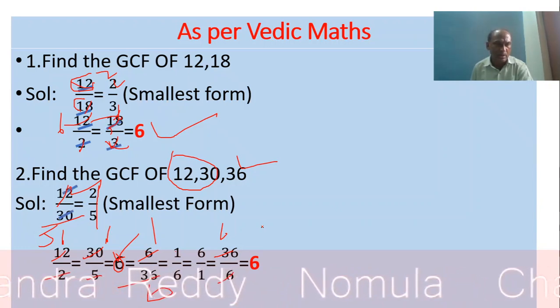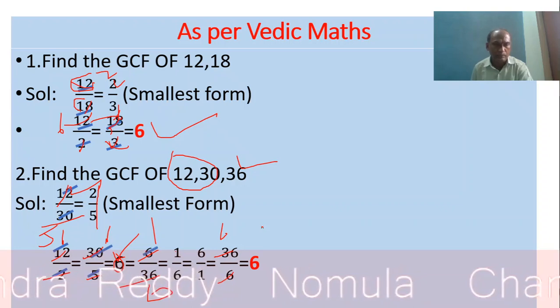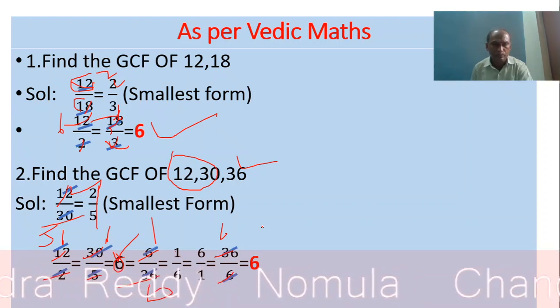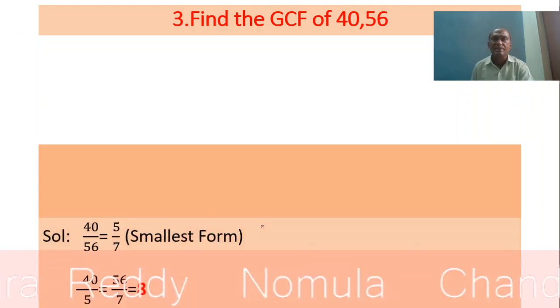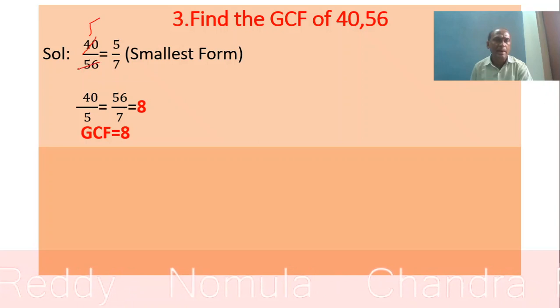Cross multiplications, all of you. Find the GCF of 40, 56. Here, 40, 56. Smallest one: 8 5 ja, 8 7 ja. Small 5 by 7.